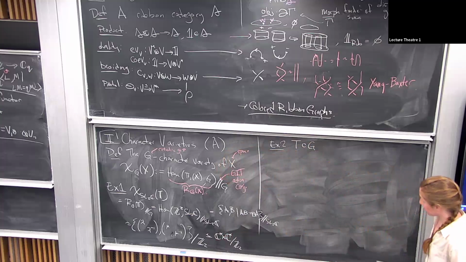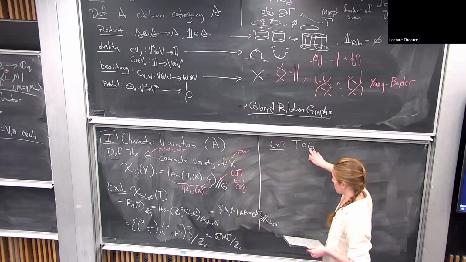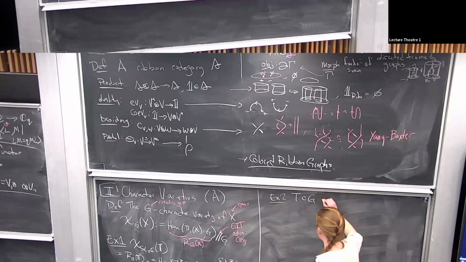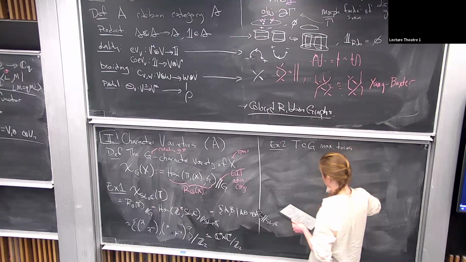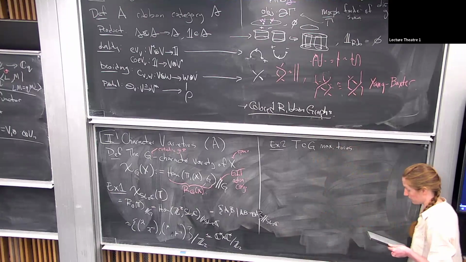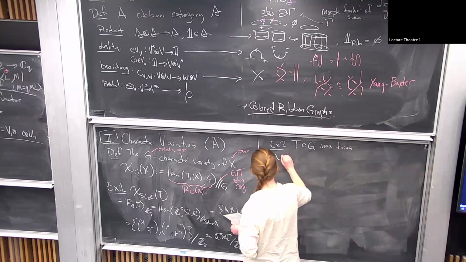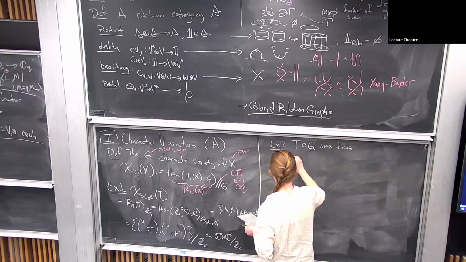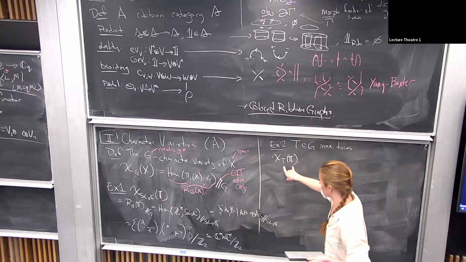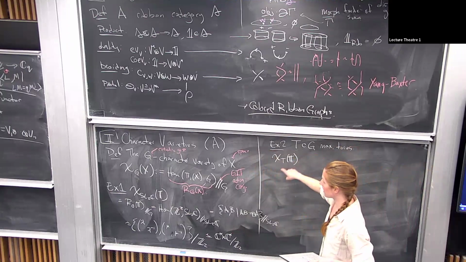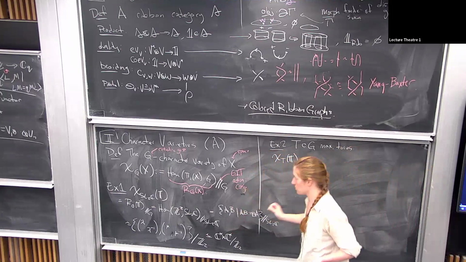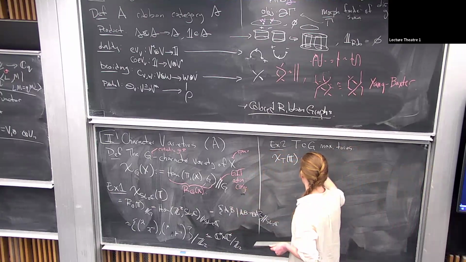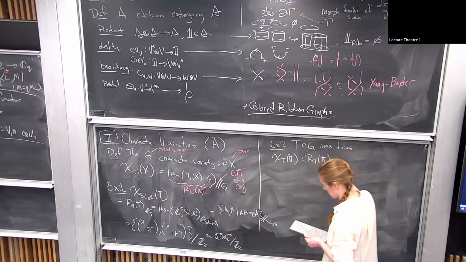Okay. So now let's think about a general reductive group. I have the maximal torus in here. And I want to argue what this is now. So now I'm looking at the character variety. I have this action by conjugation, but everything is commutative, right? So my quotient falls away.